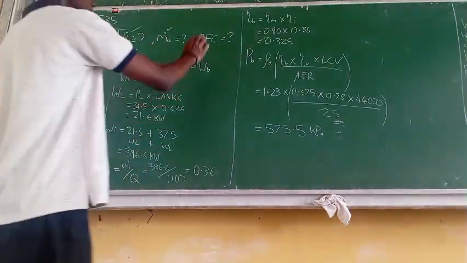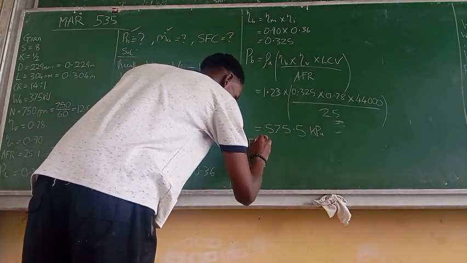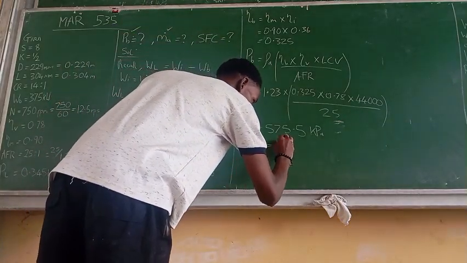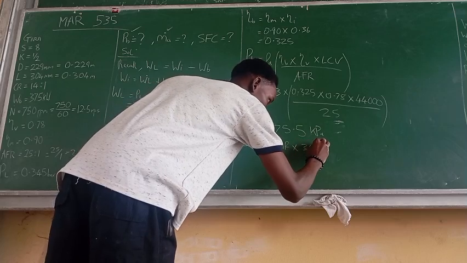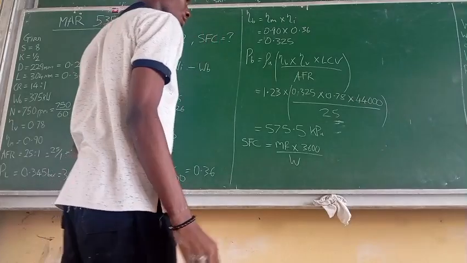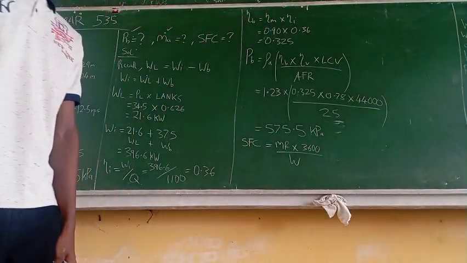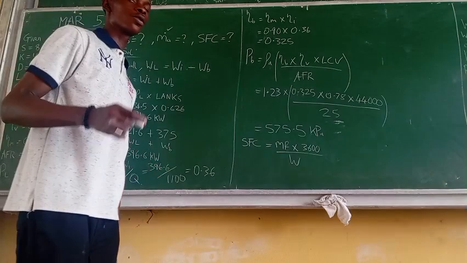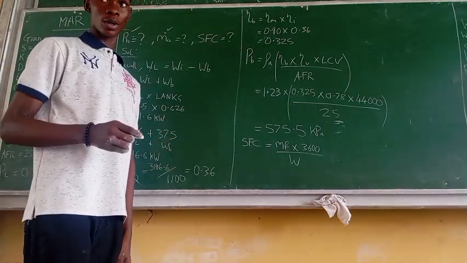The last thing we have to find is SFC. We can see that SFC is equal to MF times 3,600 over W. Now, when solving SFC, if they don't specify, always use your brake power.